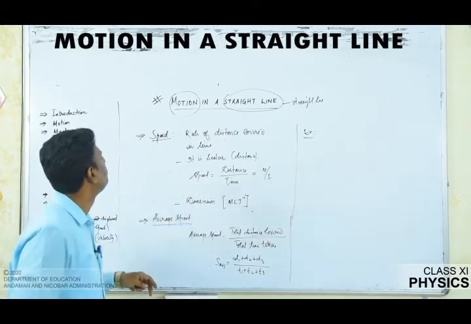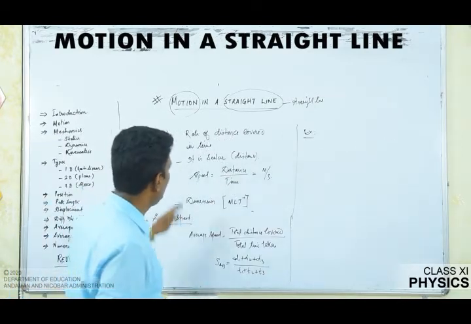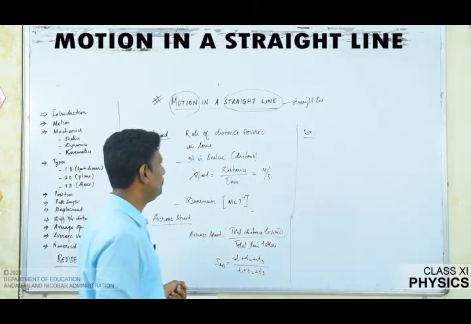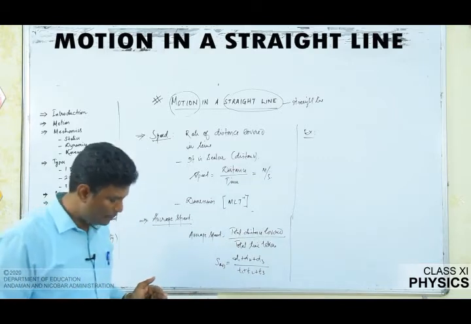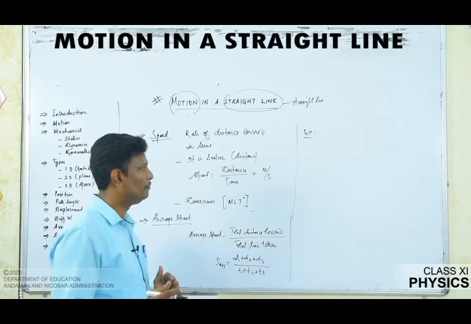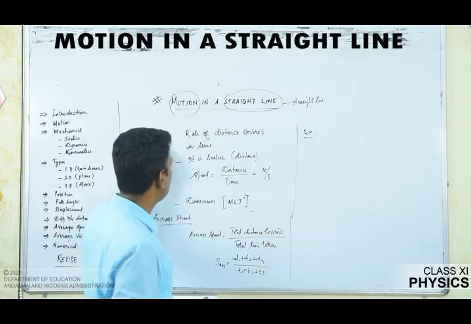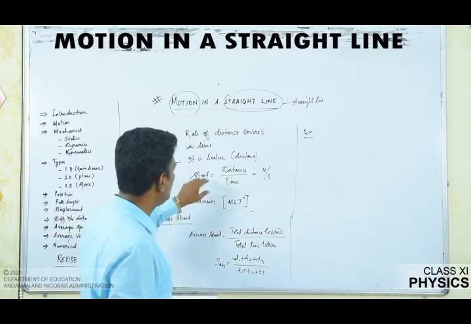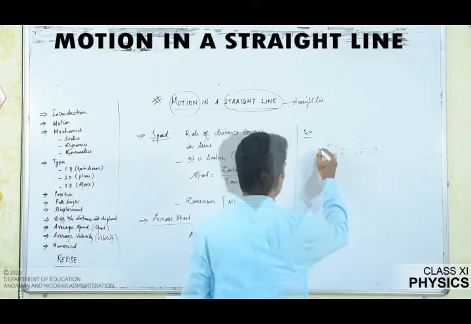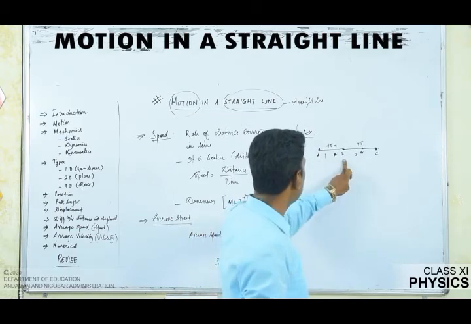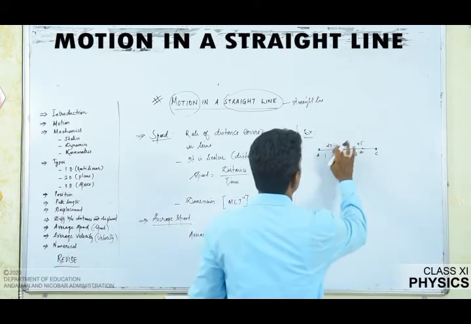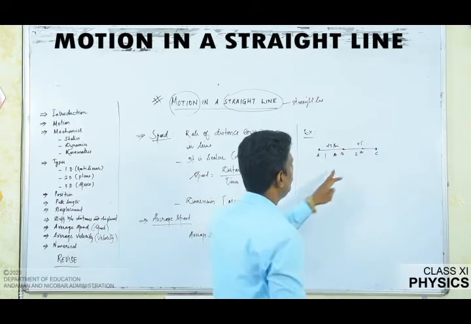Next topic is speed. Rate of distance covered in time is called speed. Rate of distance covered means the rate at which the distance is covered is called speed, and the formula is distance by time. Let us consider an object moving from A to B covering distance 25 kilometer in 1 hour.